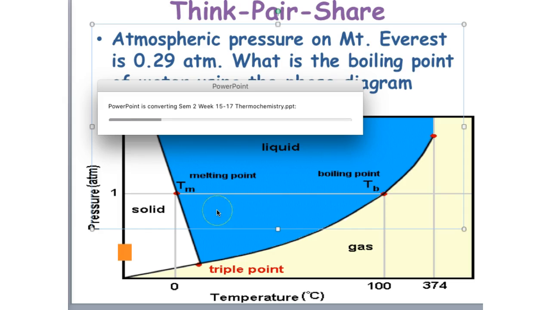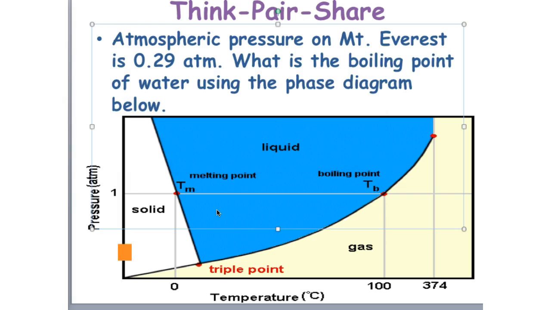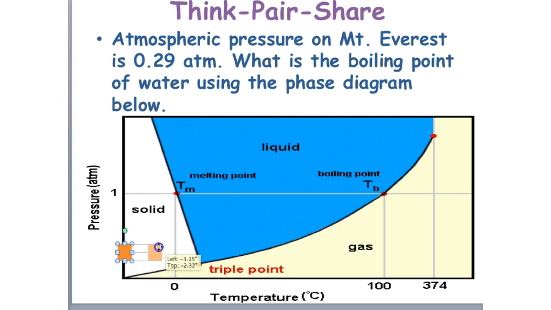So the boiling point, we know that's the temperature at which it goes from a liquid to a gas. So at this pressure, we're going to go to the right because the pressure is constant. At first it's a solid, it's a solid, it's a solid. Oh, now it turns into a liquid. And then the boiling point would be right here because it's starting to turn, it's trying to go from the blue region to the beige region.